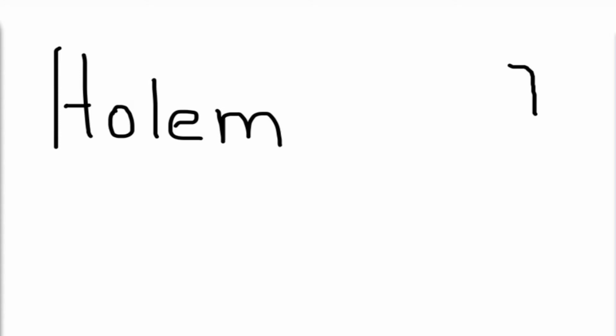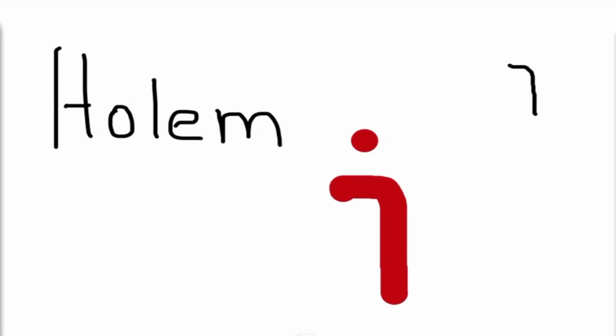We've looked at each letter, and the first letter of the name is typically the sound of it. But in this case, the Holem has an O sound. So it's a Vav with a dot on the top. That is a Holem.